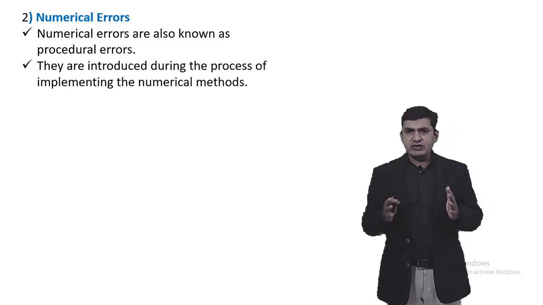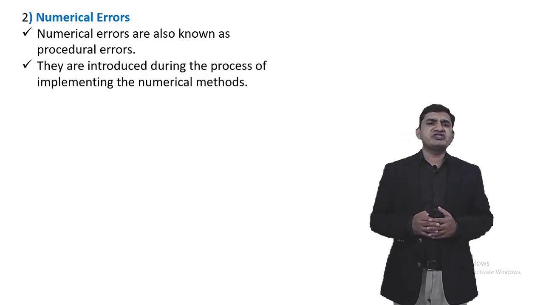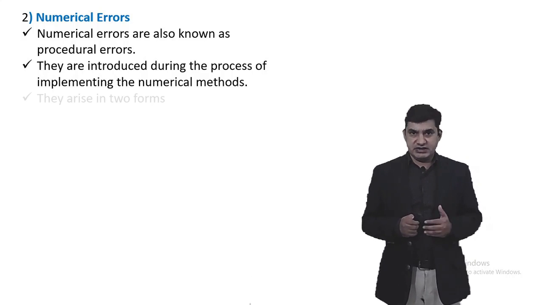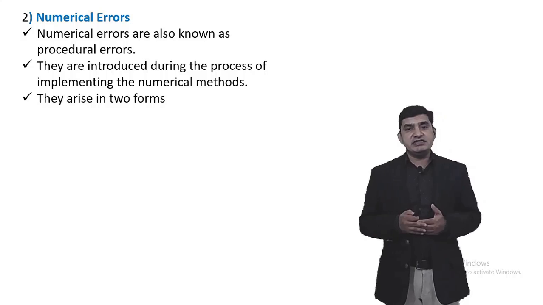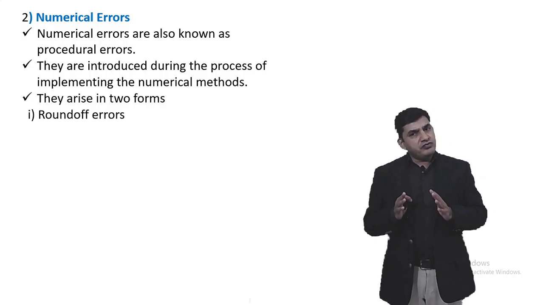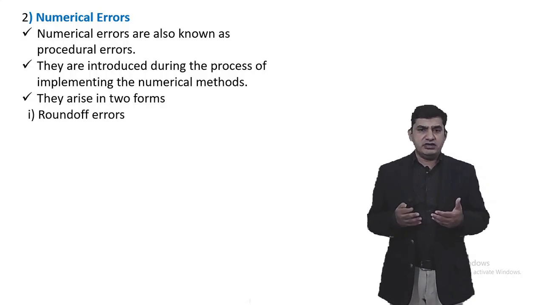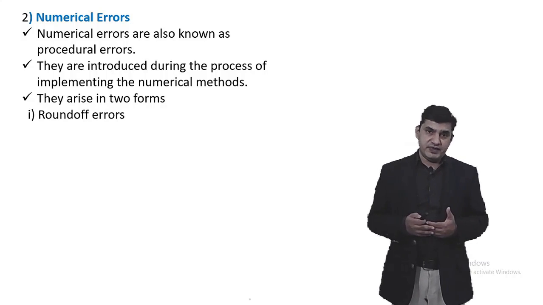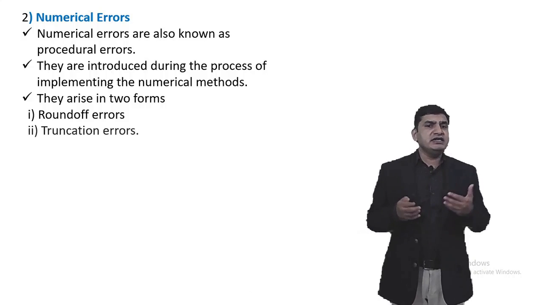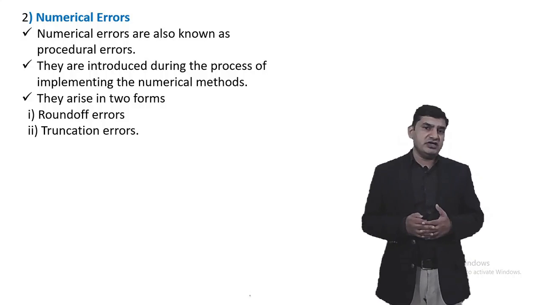They are introduced during the process of implementing the numerical method. They arise in two forms. First is round-off. We can round a particular number up to a particular decimal point. And the second is truncation error.